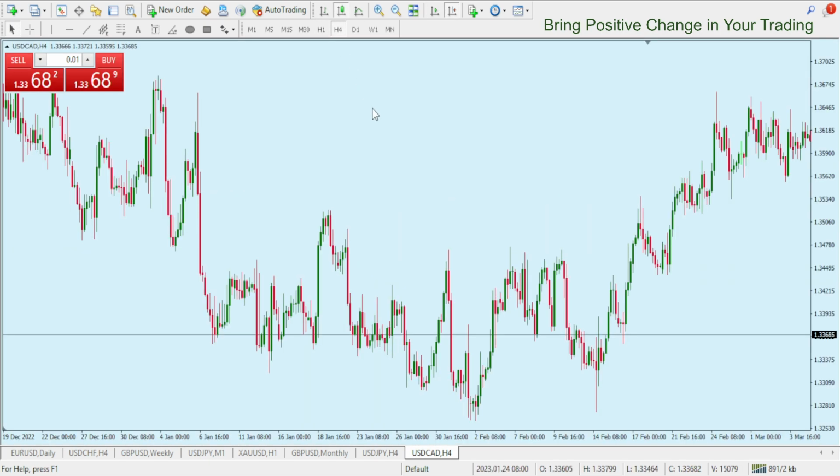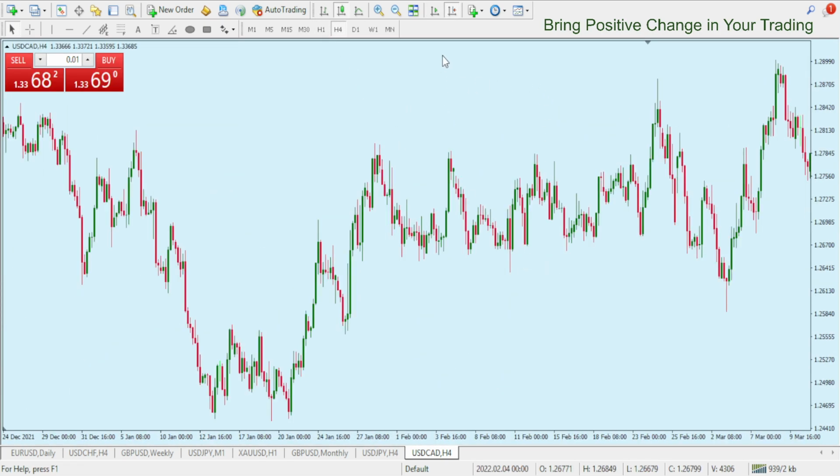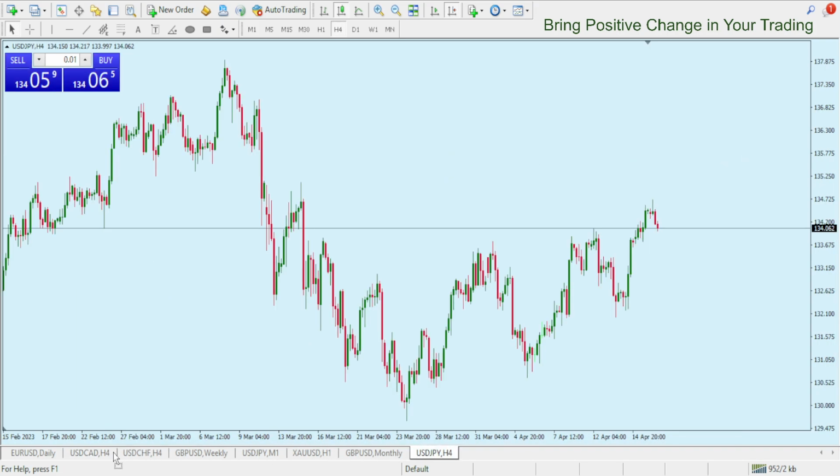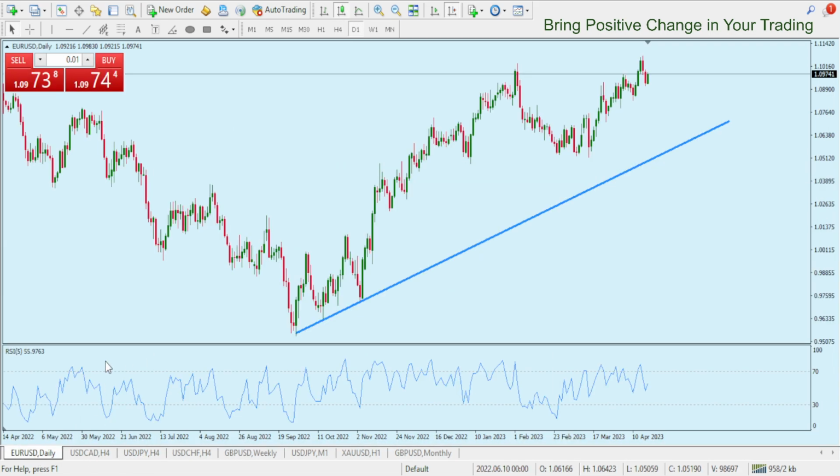This is a forecast for euro US dollar, but today I'm going to add correlation with other pairs, so dollar CAD and dollar yen. And let's see now, today is going to be a very special episode, so make sure to watch and follow me my each and every step so that you can get to the depth of my strategy.